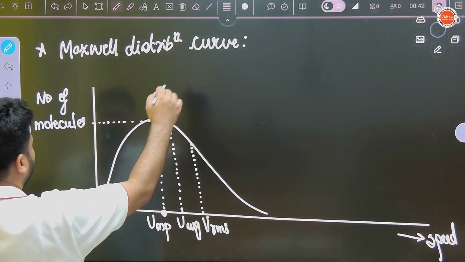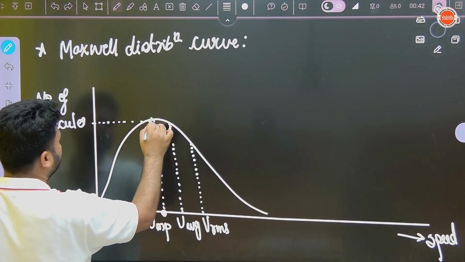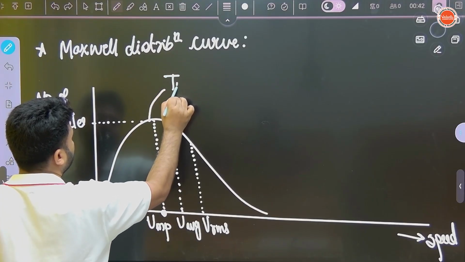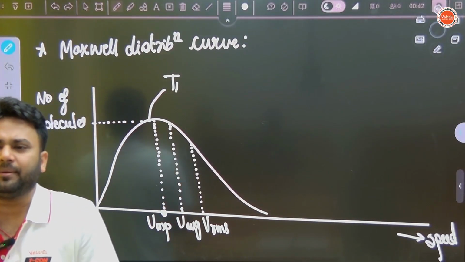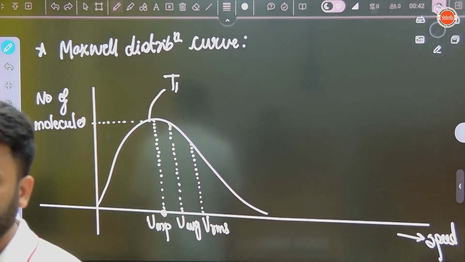Now this graph is for any temperature, suppose T1. Now what happens if we increase the temperature?